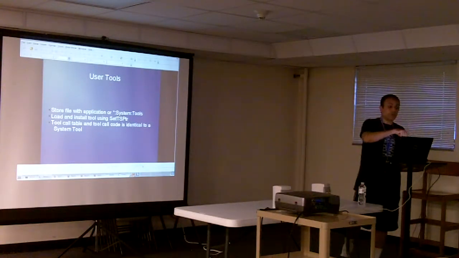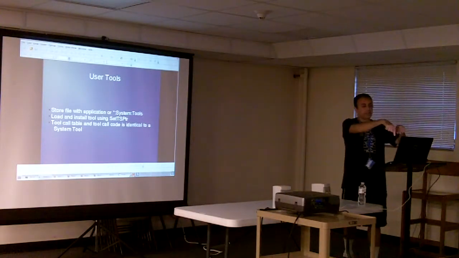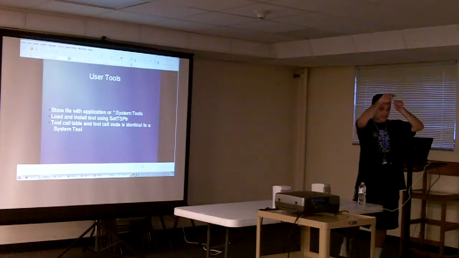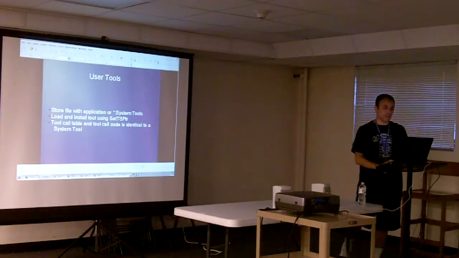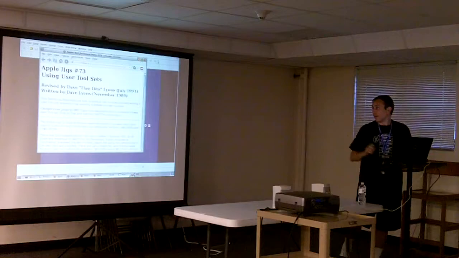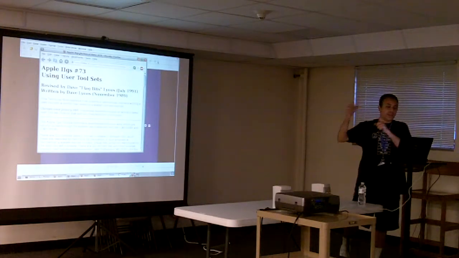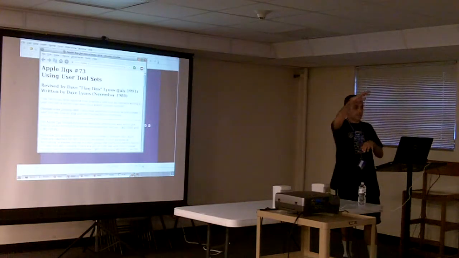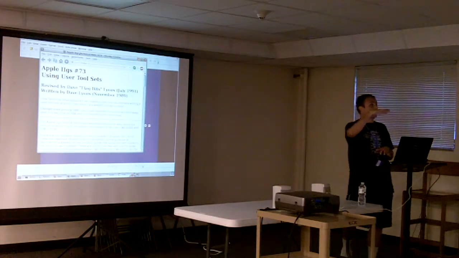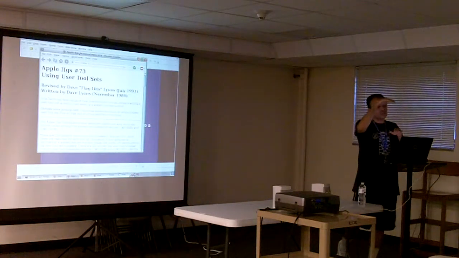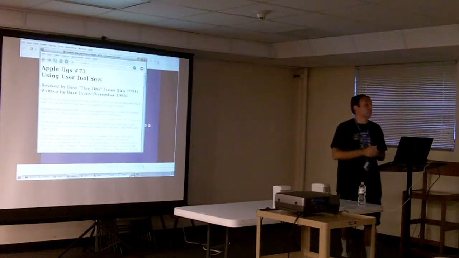If you load it there, you're basically loading that file into memory, but it's not using the load tool, so then you have to read the memory and say this is the TSPTR, the toolset pointer table, and then you tell the tool calls, here it is, and the remaining elements of the toolset will look just like a system tool. So the actual tool file is identical, but the way the application loads it will be slightly different.